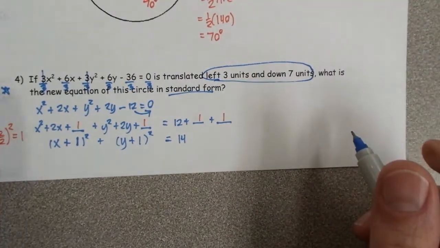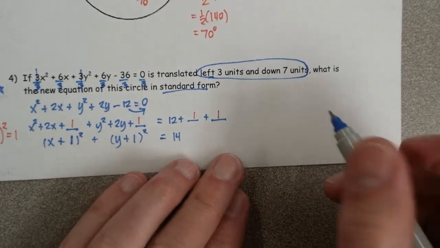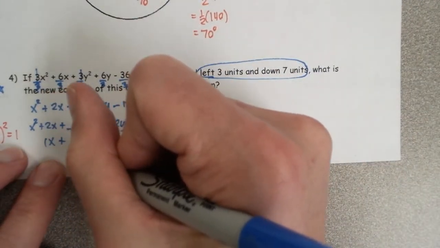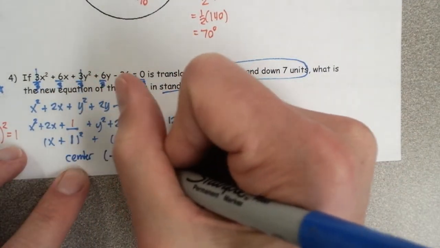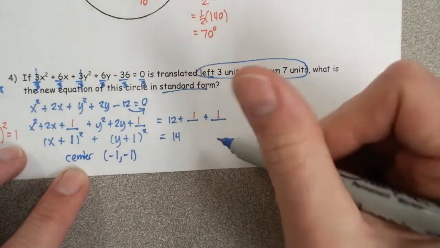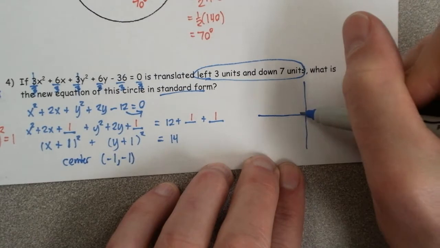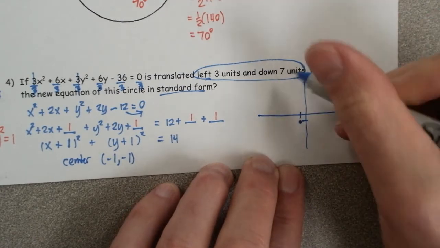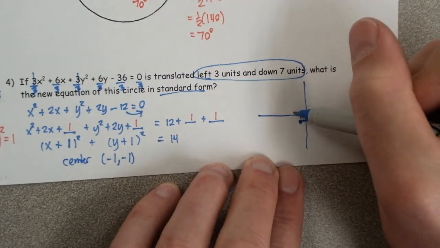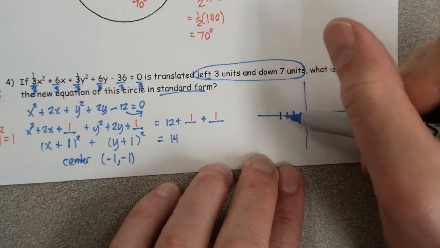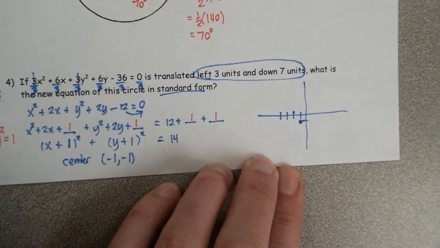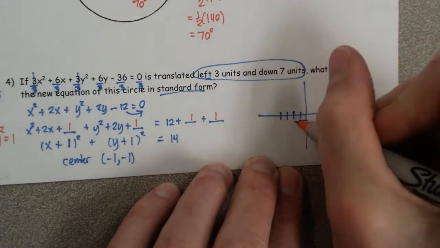It's got to go left 3 and down 7. So look at the center for a minute. If my center is at -1, -1, because I have to switch the signs, and if I plot the point -1, -1, if I take that left 3, that's going to be -1, -2, -3, -4. So that's going to bring this left to -4.